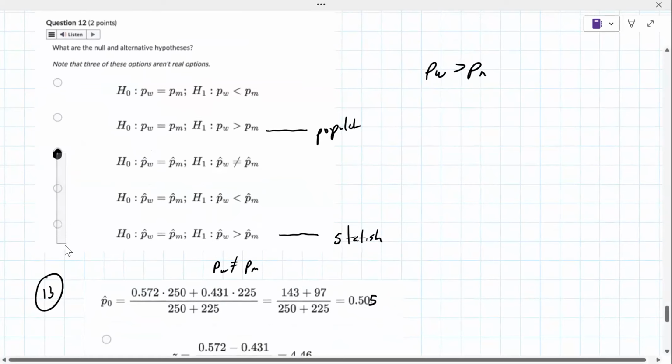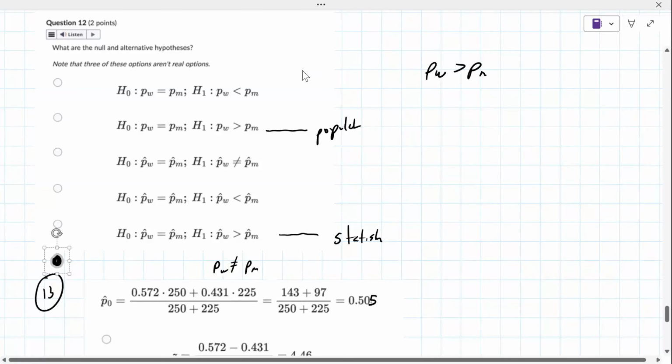Okay, hold on. Let me restart it because it's not showing me. Three. So we said it was fail to reject.